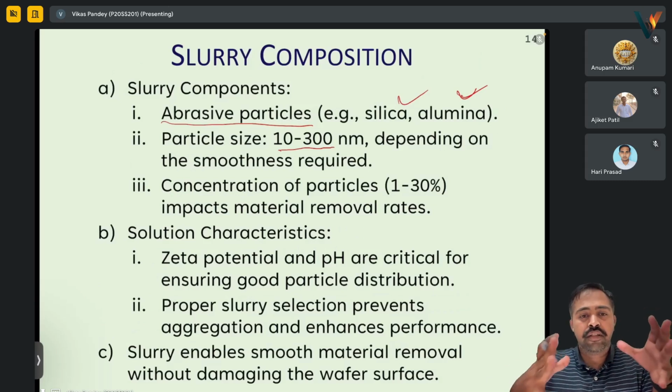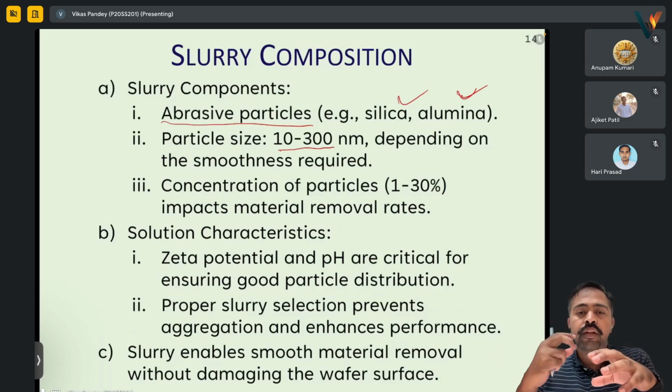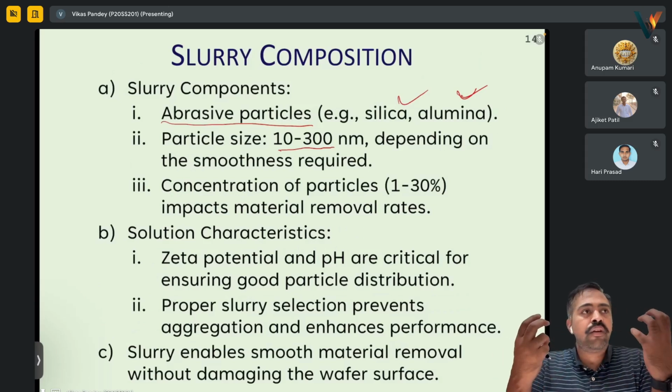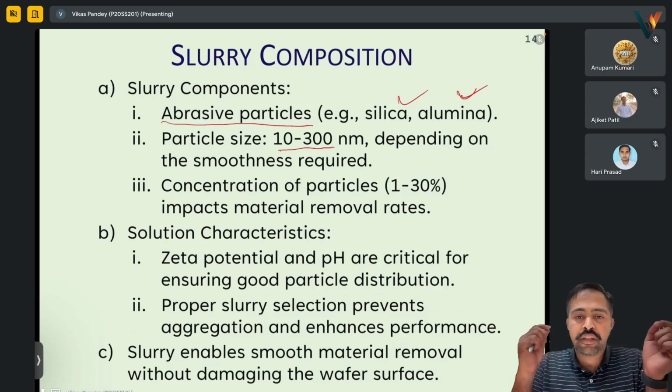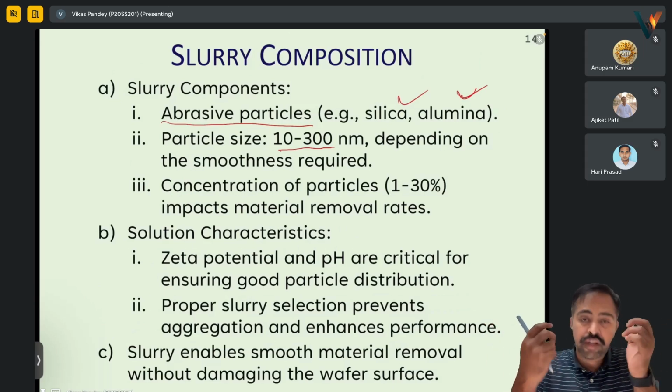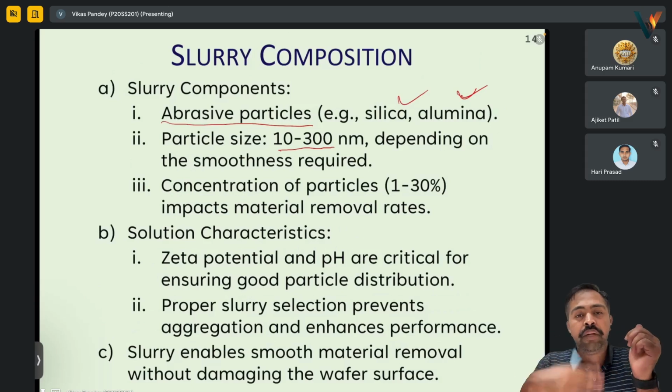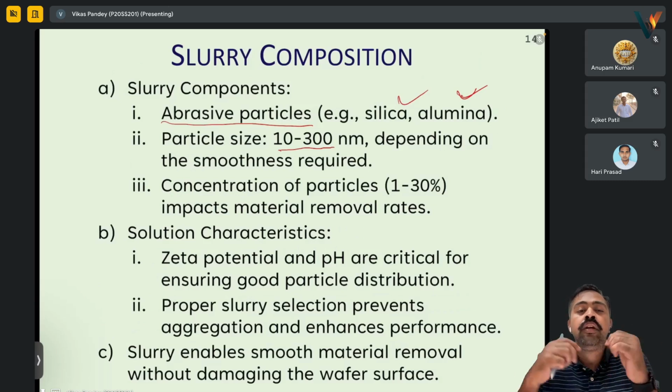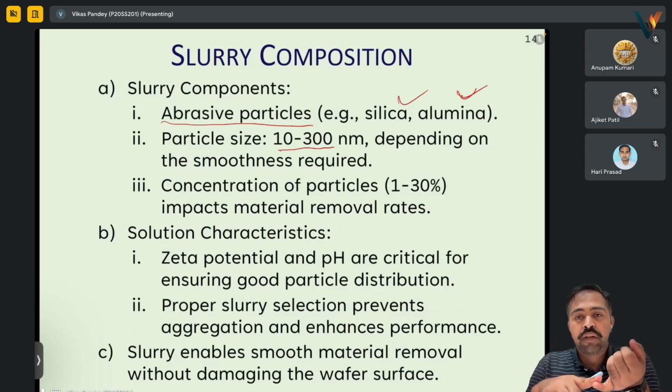It is a solution, a liquid kind of thing. You can think of it as a liquid with some powder-like particles mixed in to make a slurry. So this particle size will determine the smoothness required.